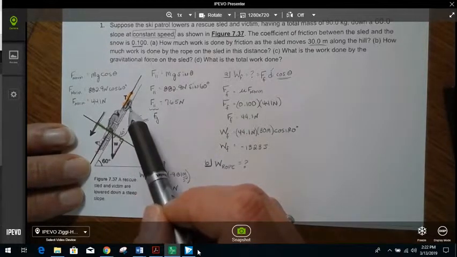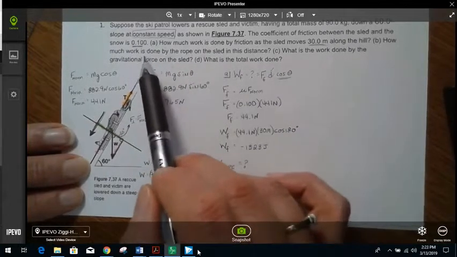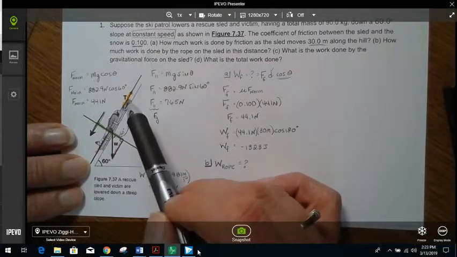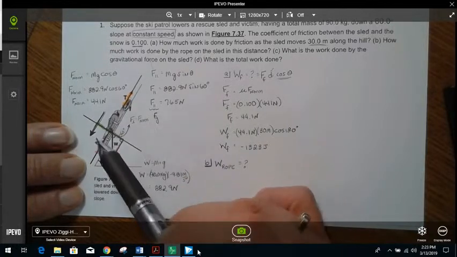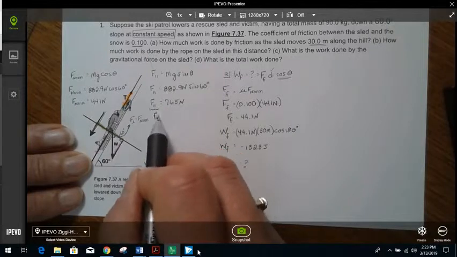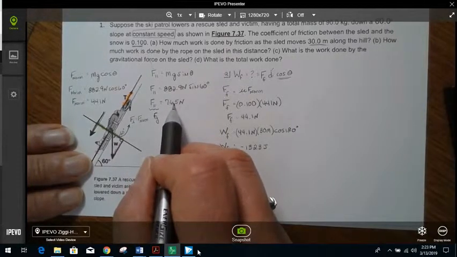So this frictional force is helping to keep the work done by the rope a little less. So these two added together equal our weight component. Well, we already know what our weight component force is.